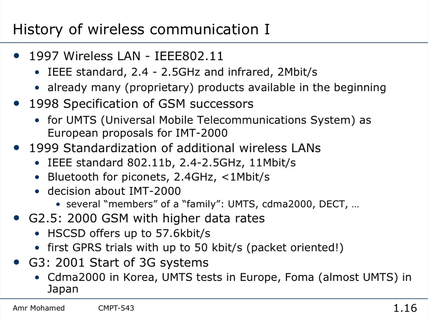Okay? So in parallel to generation 1 and generation 2, in 1997, they started to say, okay, we know how to provide a little bit of data services on top of a circuit switching network like GSM, but we need a standard which is built around data services. So they started to talk about a completely separate standard, which started with 802.11.